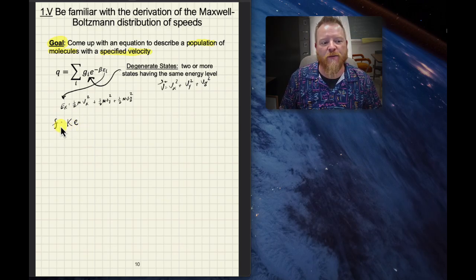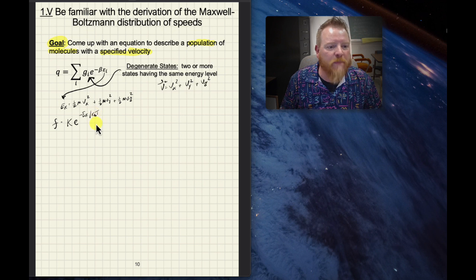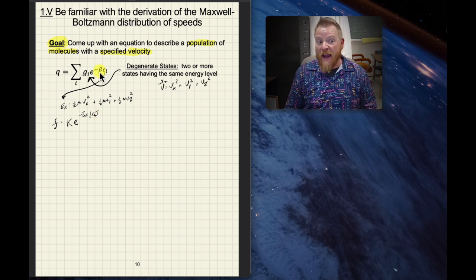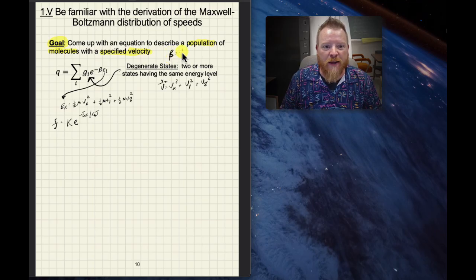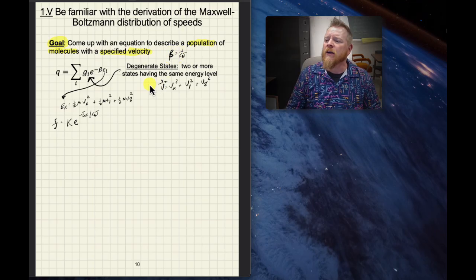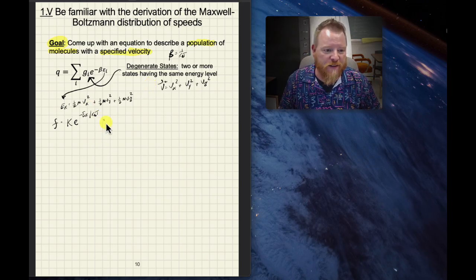So we're going to have an equation of the form f equals k e to the negative epsilon divided by kBT. Because remember, that beta term is 1 over kBT. Okay, there it is. So now we can start plugging things in and expand on this a bit.